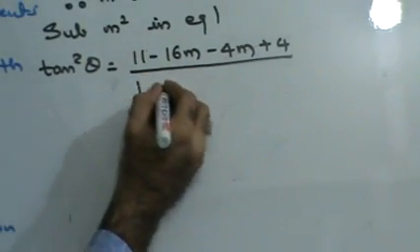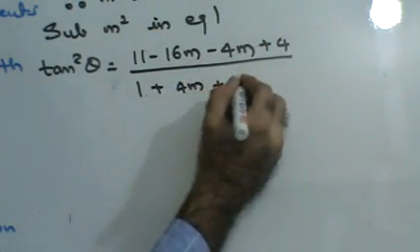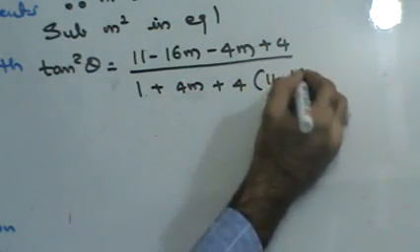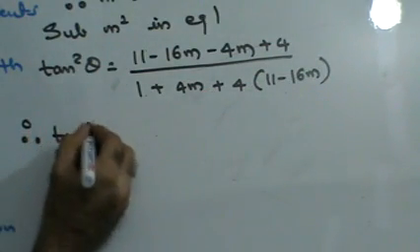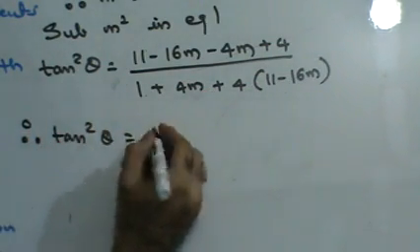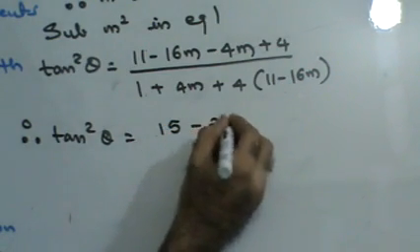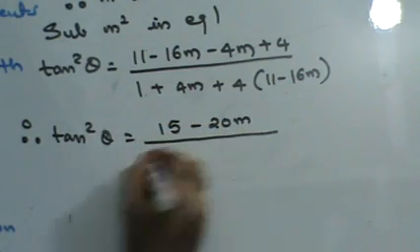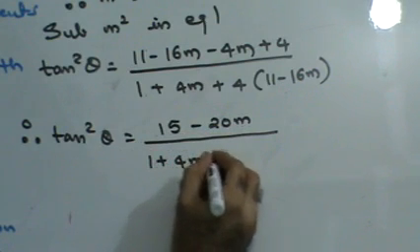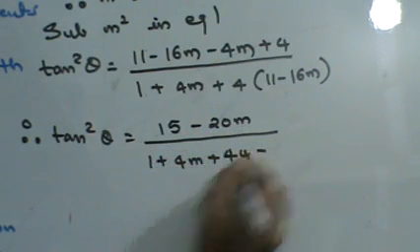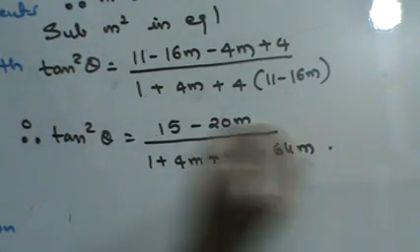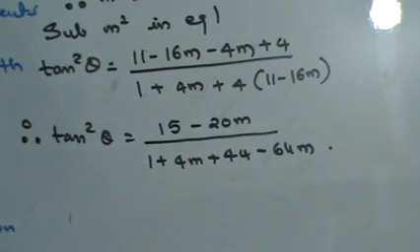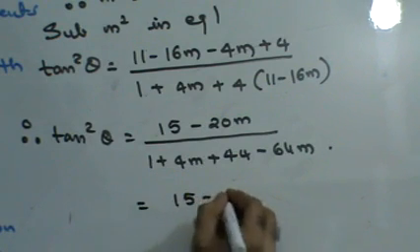So this will be 1 plus 4m plus 4 times 11 minus 16m. Therefore tan square theta is 11 plus 4, 15 minus 20m upon 1 plus 4m plus 44 minus 64m, since 4 times 16 is 64m, right?